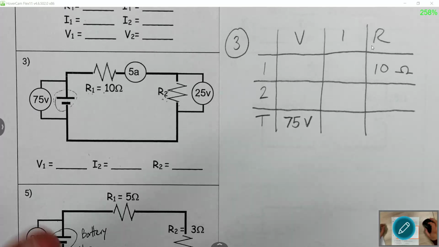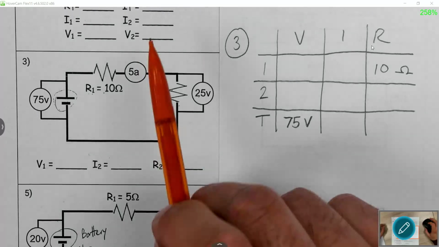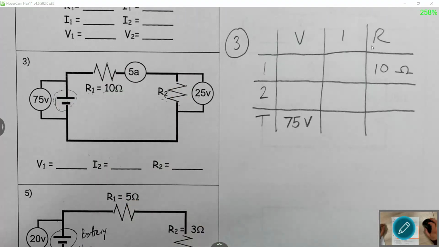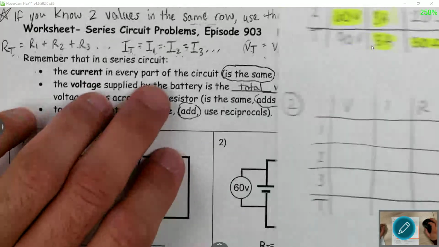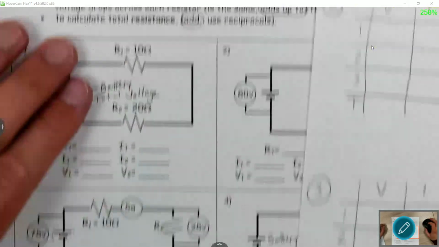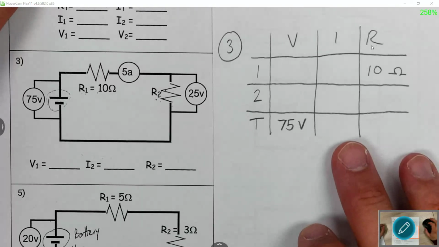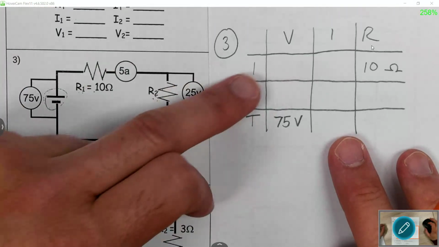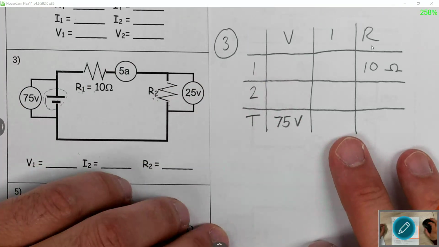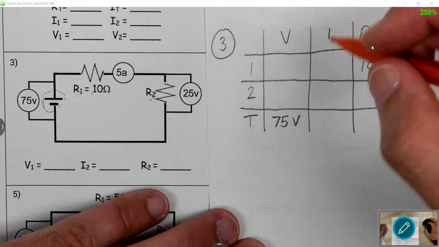That would be a very valid question, but on a series circuit, it doesn't actually matter. Why? Because the current is the same everywhere. So we can put that at I1, or start it off at the total current. But they're all going to wind up being 5 amps.